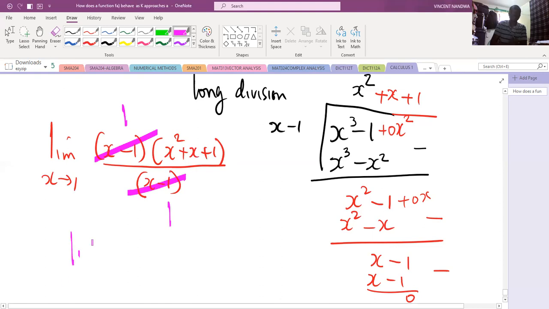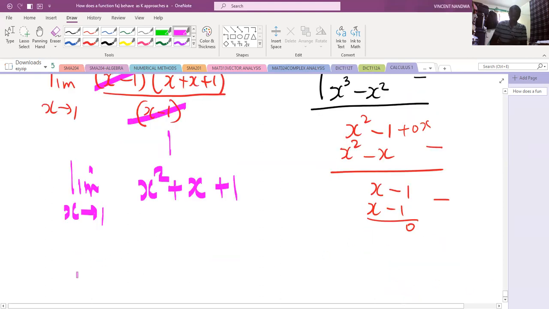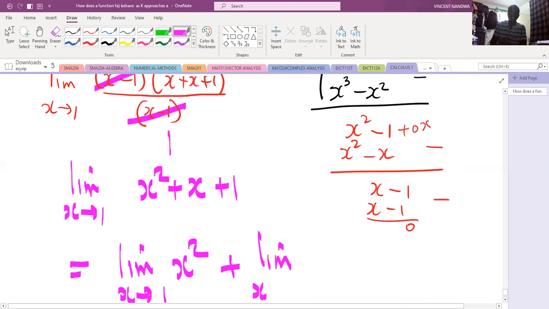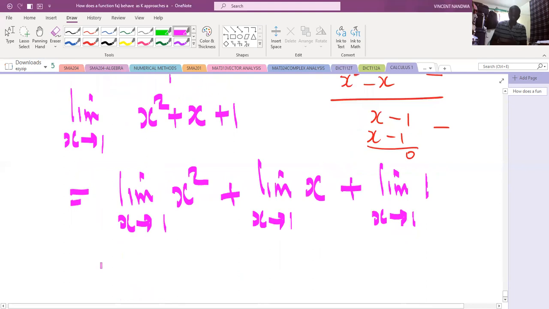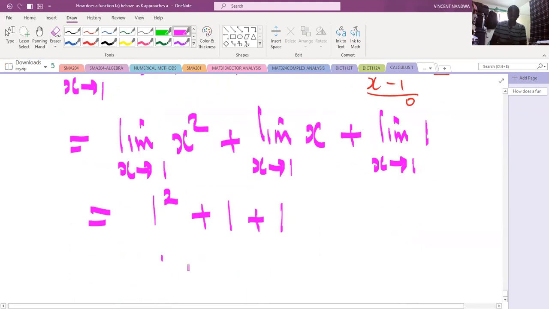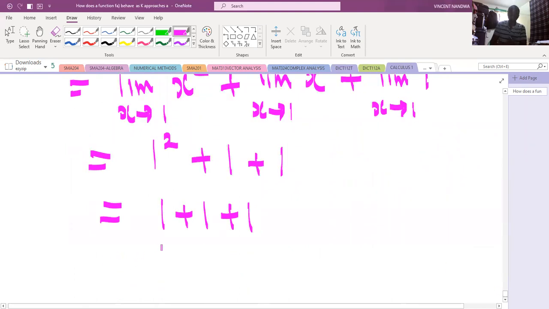So we'll have limit as x approaches 1 of x squared plus x plus 1, which will be limit as x approaches 1 of x squared plus limit as x approaches 1 of x plus limit as x approaches 1 of 1. Direct substitution will give us 1 squared plus 1 plus 1. Limit of a constant is the constant. So 1 squared is 1, plus 1, plus 1. And then we end up with our answer as 3.